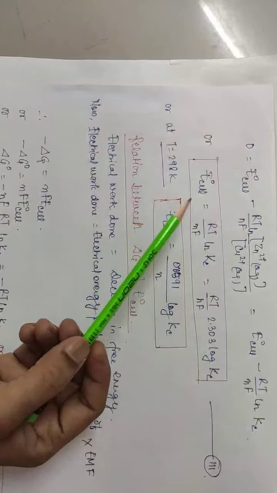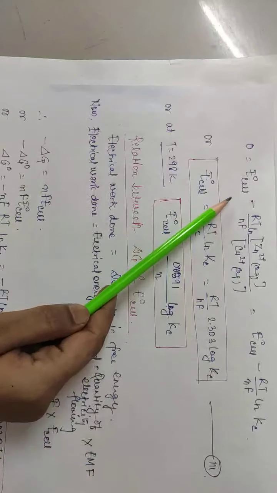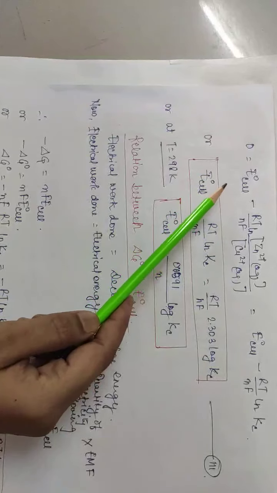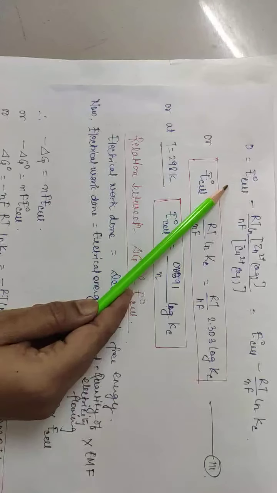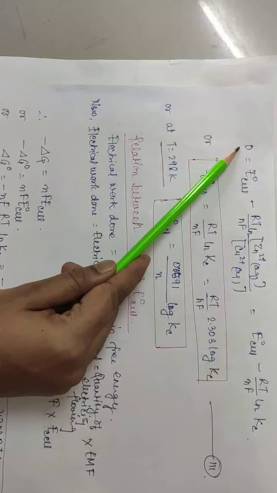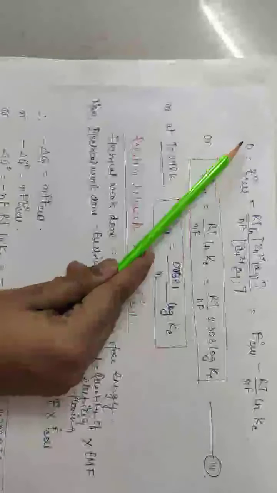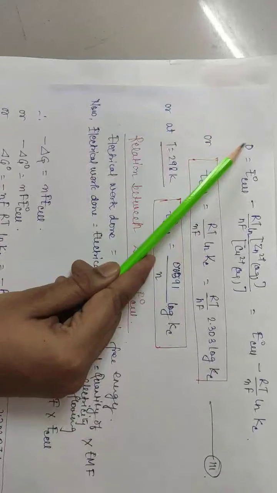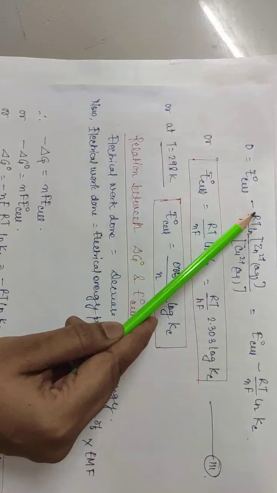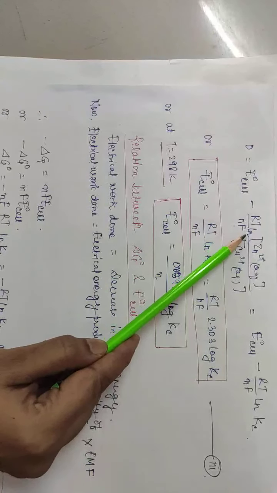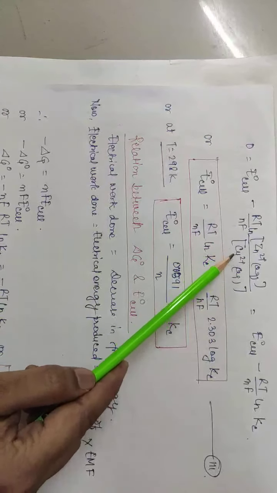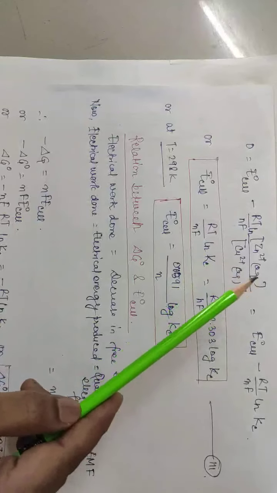Now putting the equilibrium condition in the Nernst equation, we have E equal to 0, since the EMF has become 0 and no current is flowing. So 0 = E naught cell minus RT upon nF ln [Zn2+] upon [Cu2+] aqueous concentration.